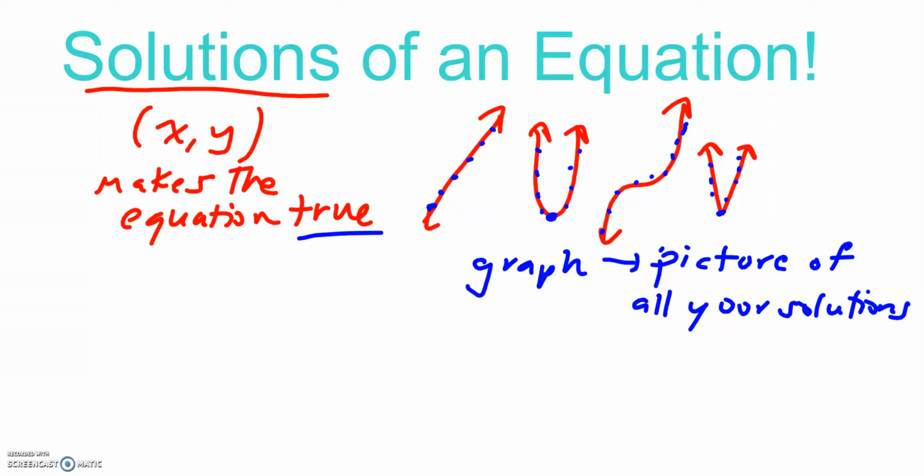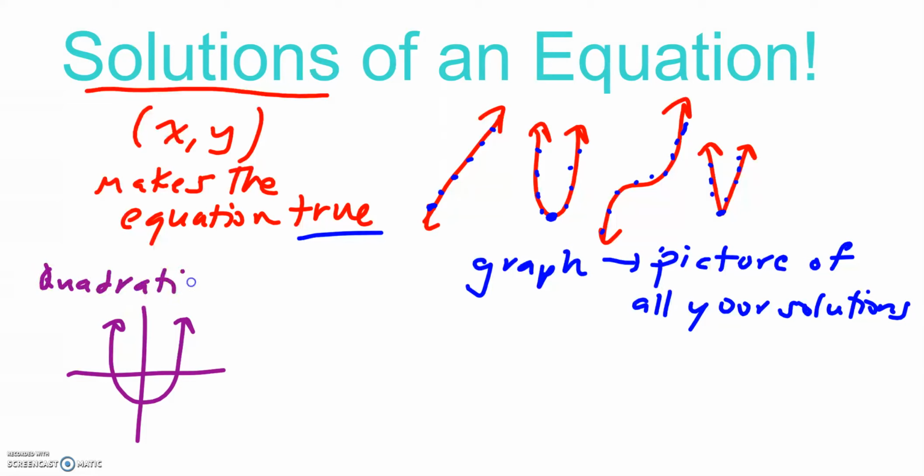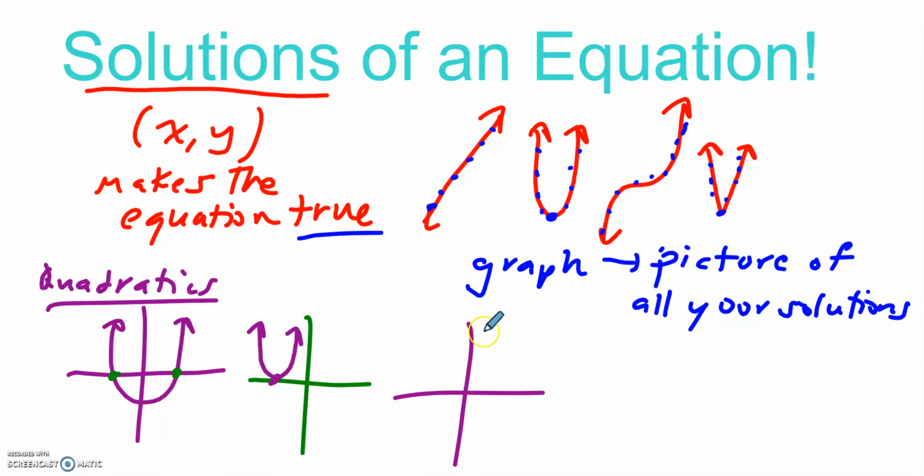Something else you've seen in your past when you hear the word solution is the idea of a parabola, especially when we did factoring and the quadratic formula. Just for a little review, remember that a quadratic could have two solutions where it crosses the x-axis. Your parabola could have one solution if it grazes the x-axis. Or you could have a third situation where your parabola, or your graph in general, does not touch the x-axis, which means you would have zero solutions.